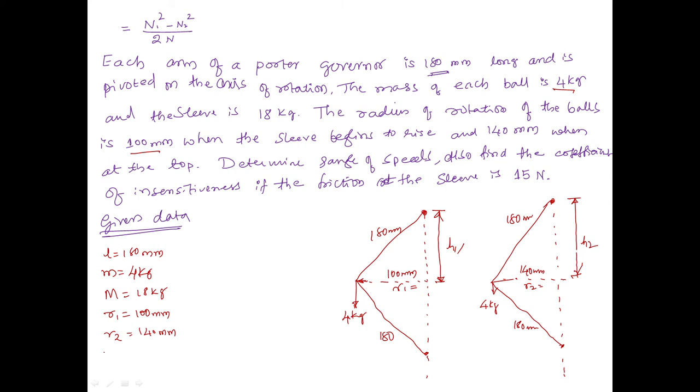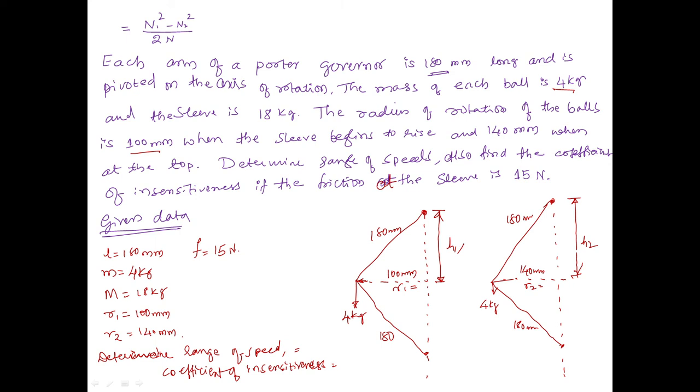You need to find the range of speed, then the coefficient of insensitiveness. If the friction at the sleeve is small f equal to 15 Newton.